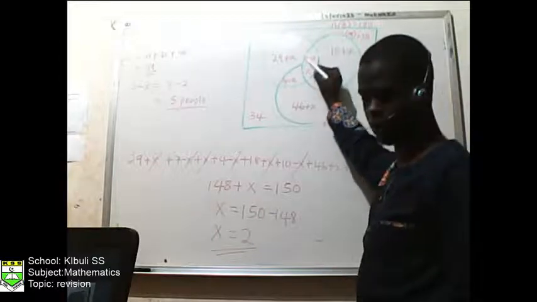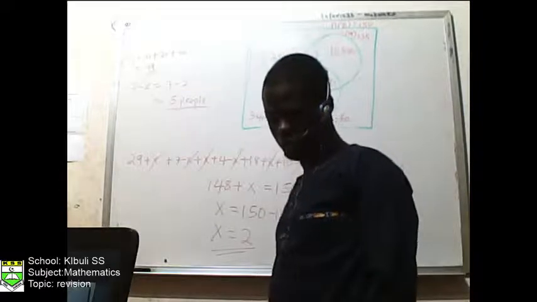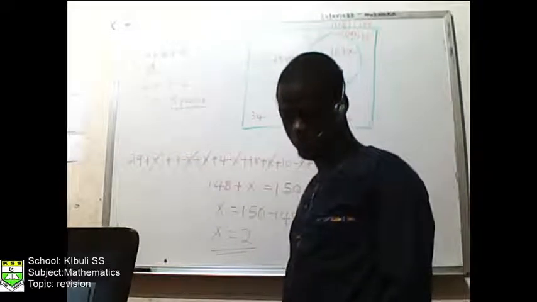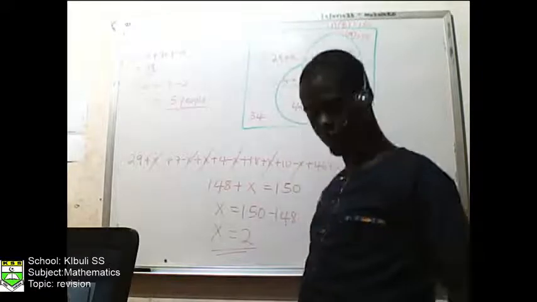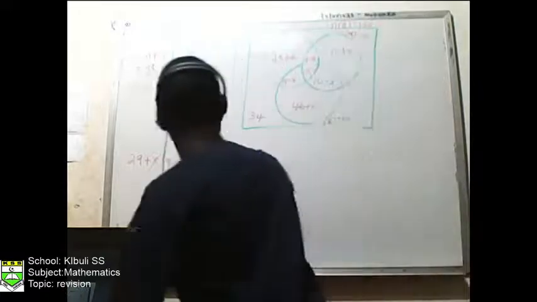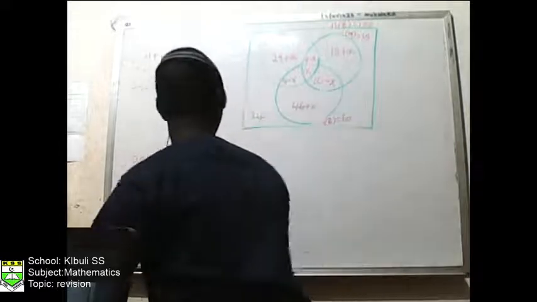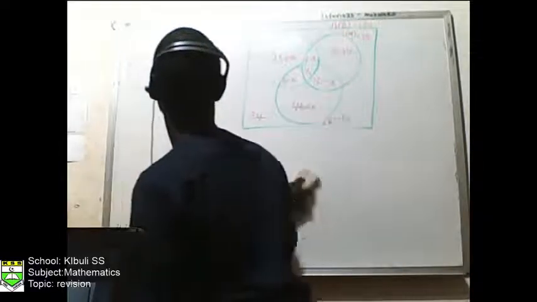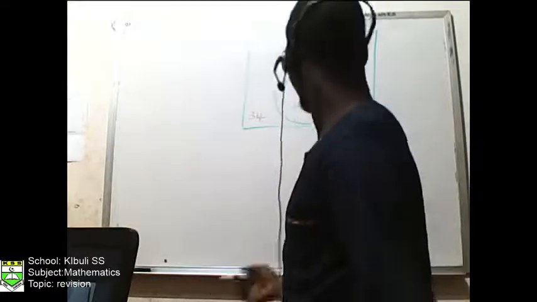But this point. So they say, if a person is chosen at random from the town, what is the probability that the person reads 2 newspapers only? So how many people do we have that are reading only 2 newspapers? How am I going to come up with that probability?